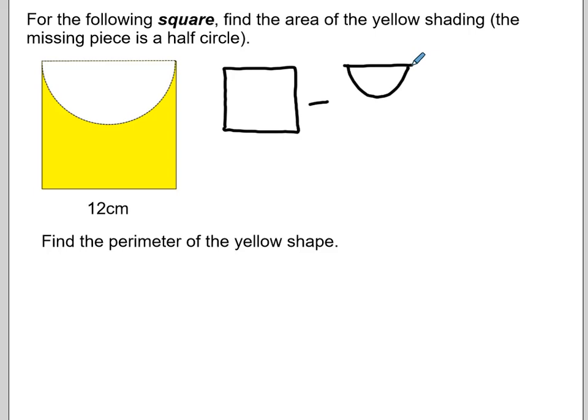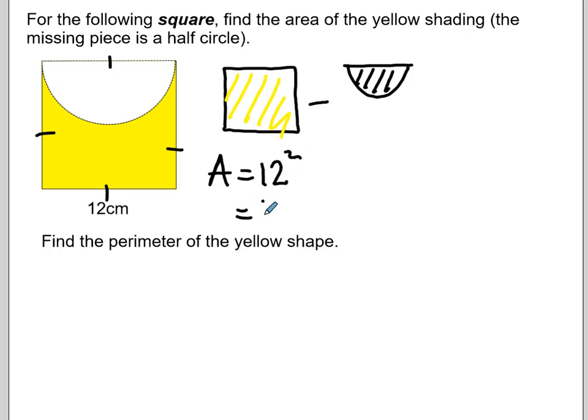So I'm trying to figure out what all of this is, okay, and then I'm going to subtract this from it. So if I looked at this square, I'm going to tick these all off as being the same length. So the area of this square is 12 squared, or 144 centimeters squared.